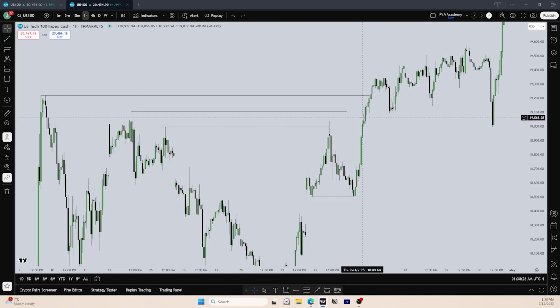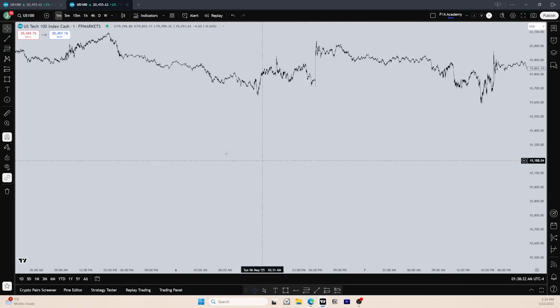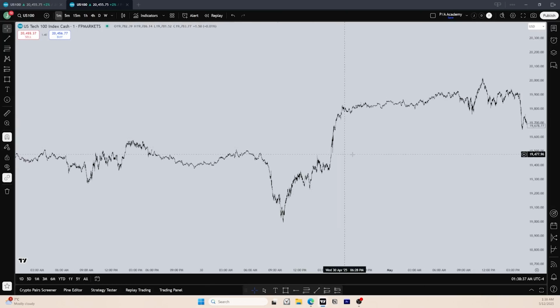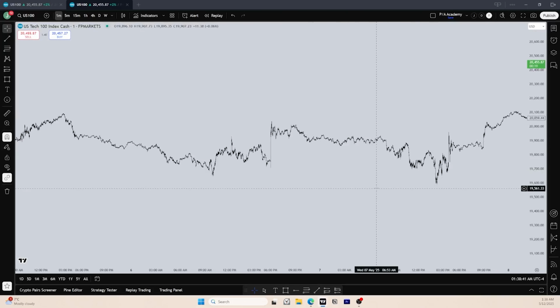See this wick, it looks small because we're on a higher time frame, but let's go to a smaller time frame. You'll see that it'll fake you out. It'll take out the liquidity, of course, it'll retrace a little bit, but then reverse back higher, taking out all those people who tried to go short at that high.